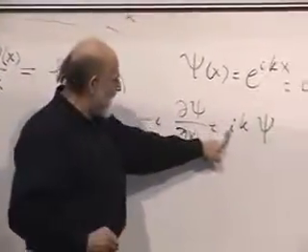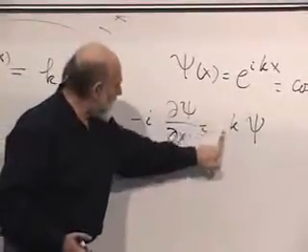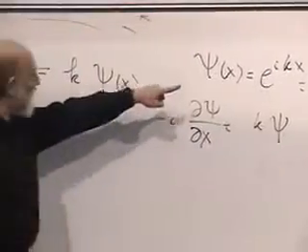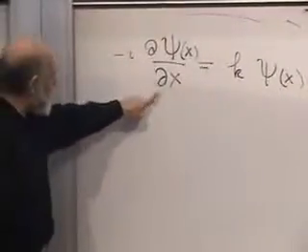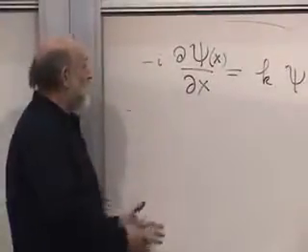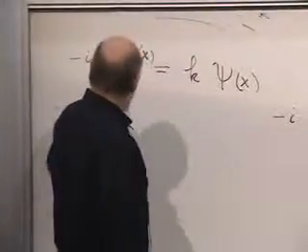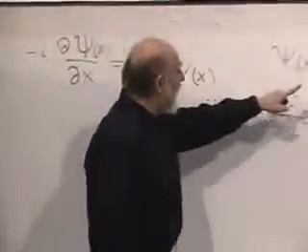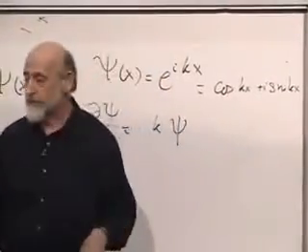What's minus i times plus i? Just 1. So this function here is an eigenvector of the operator minus i d by dx. So, in fact, we have found the eigenvectors of the operator minus i d by dx, and they are simply the functions cosine kx plus i sine kx.